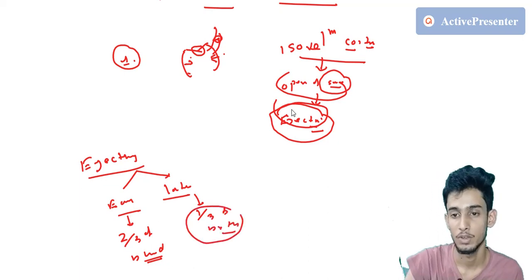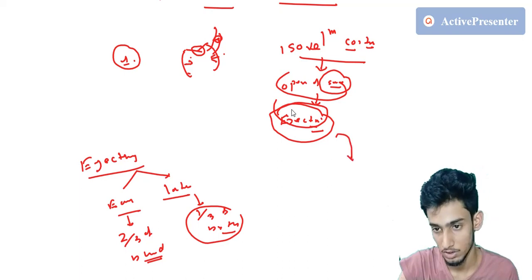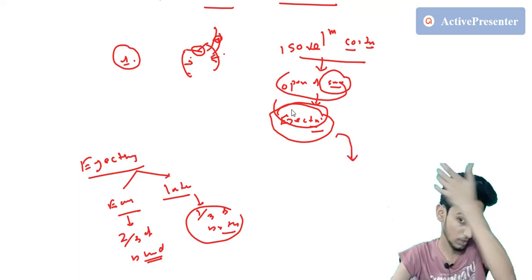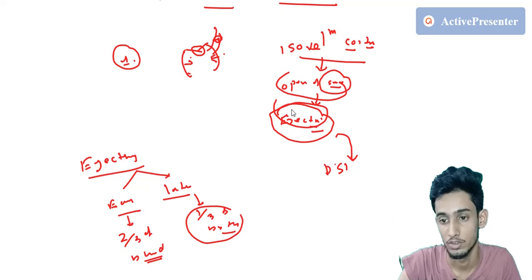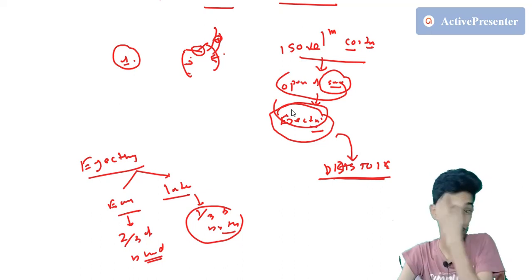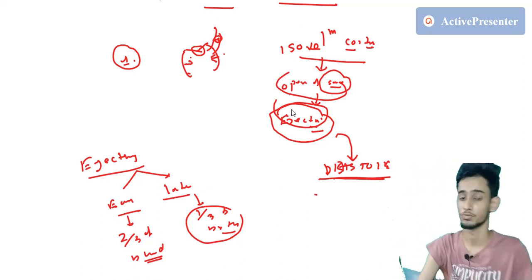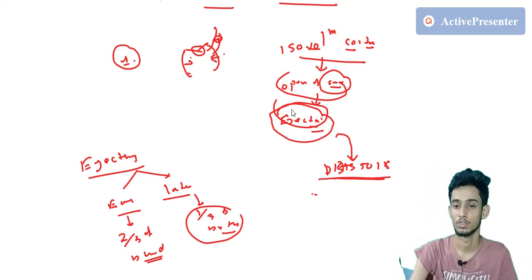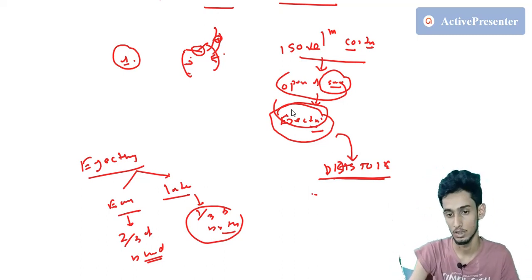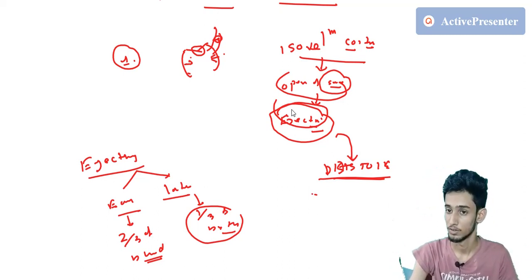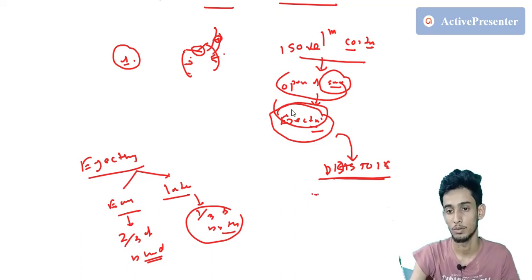What happens after ejection? The ventricle starts to go into the diastole phase. Diastole. So now we come into the phase of diastole. After ejection, what happens? The semilunar valve closes.